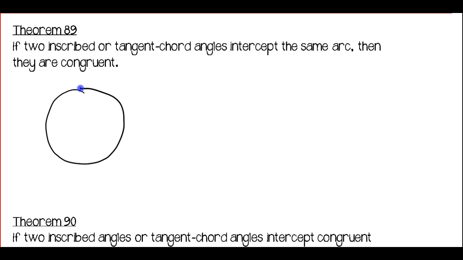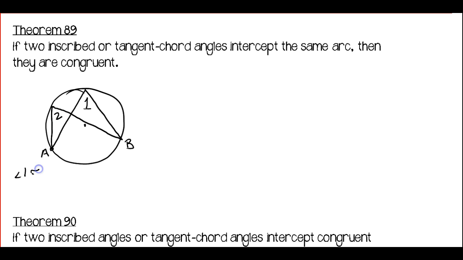Here's my circle, and I'm going to draw an inscribed angle. I'm going to call that angle 1, and here's my arc AB. So angle 1 intercepts arc AB. Now if I draw another inscribed angle that also intercepts that arc, here's another angle, I'll call that angle 2.